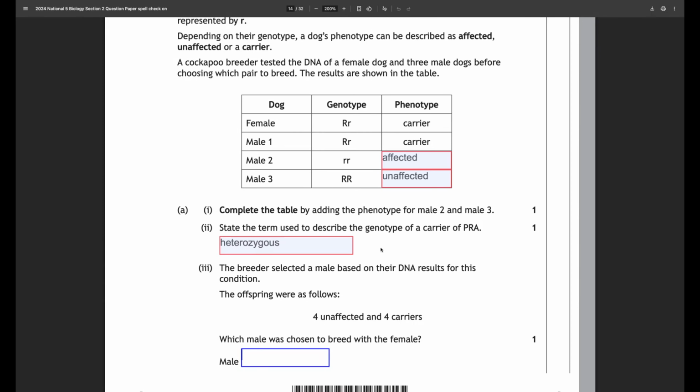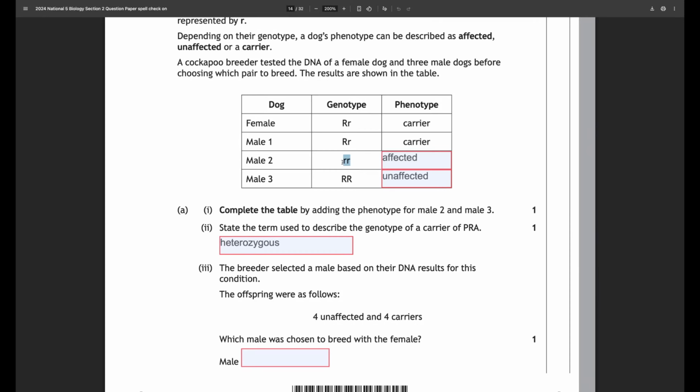But if we were to use male 1, who's also a carrier, because both of them have one lowercase r, that would mean that some of the offspring would inherit one lowercase r from mum, one lowercase r from dad, and therefore would have two lowercase r's and be affected. So male 1 can't be the father here because some of the offspring would be affected if they were.